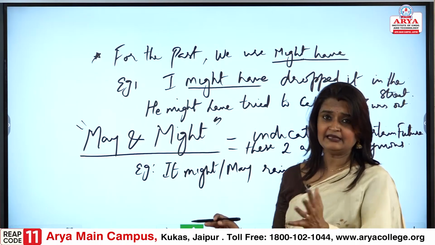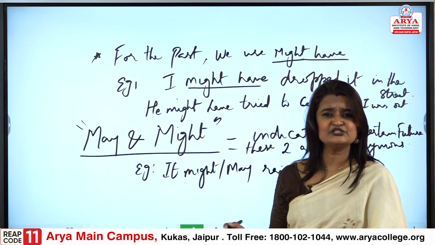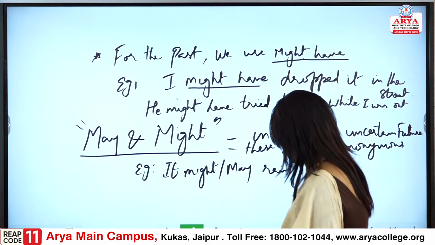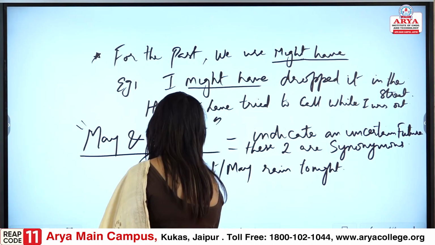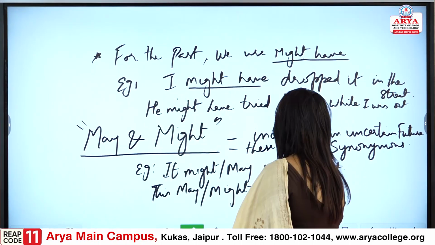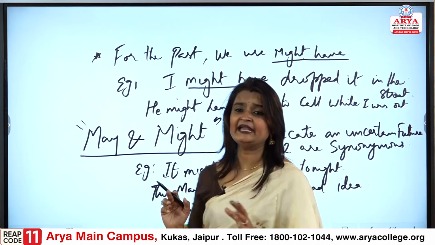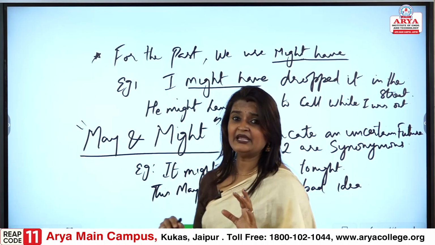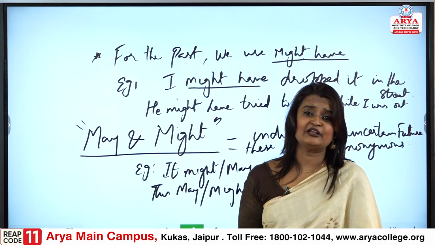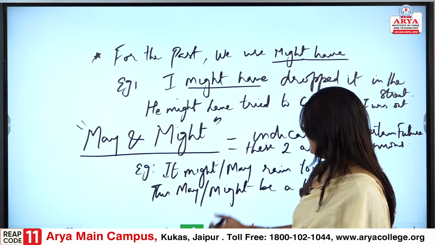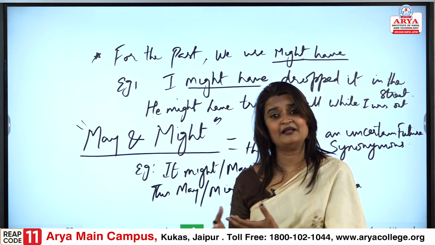Both go synonymously, and using either one is not wrong. Second example, let me give you a better one. This may or might be a bad idea. Because I did not like it, I said it might be a bad idea, but maybe some other person liked it.